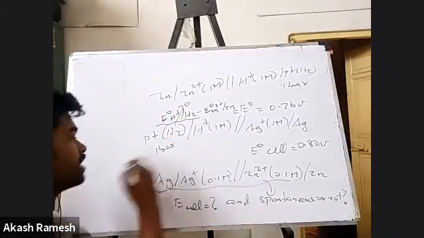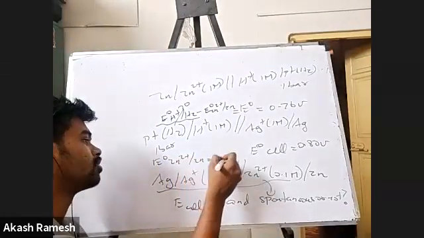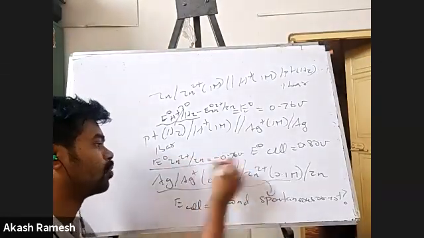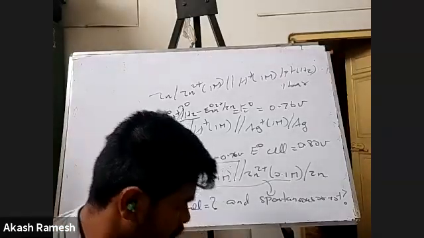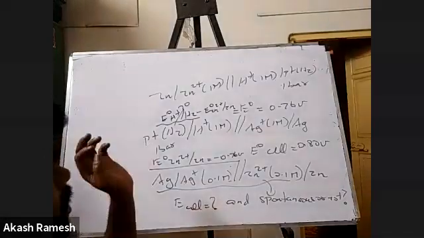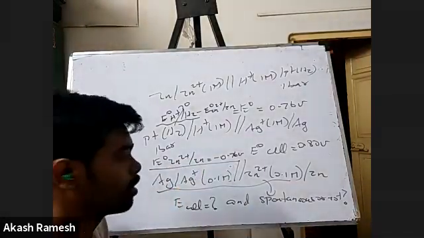Can I say E naught Zn2 plus bar Zn is minus 0.76 volts? One thing you found out. So, sir, is it 1.56? Spontaneous, yes sir. Okay, we'll check. So this we have found out: E naught Zn2 plus bar zinc is minus 0.76.